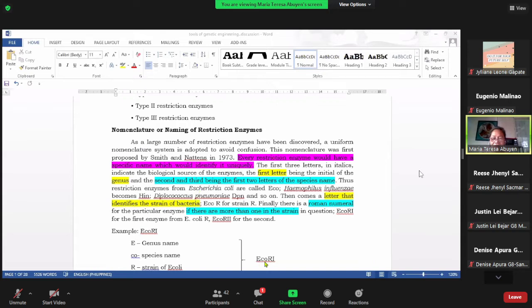So the letters C and O come from the specific name of the bacterium. E is the generic name, or genus name, while co is the species name, or specific name. From the generic name you take only the first letter, and from the specific name you take only the first two letters.